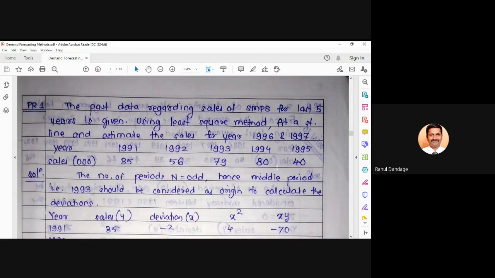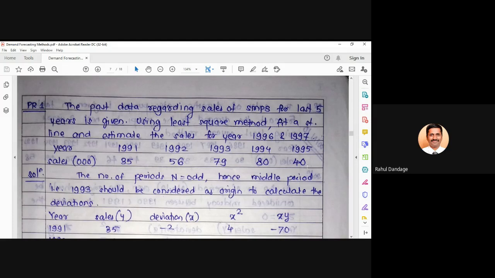Now, how to solve this particular problem? The first thing we should consider whenever we go for the least square method is whether the number of periods given is odd or even. In this case, the number of periods given is odd. So which is the middle period? 1991, 1992 on one side, 1994, 1995 on the other side.